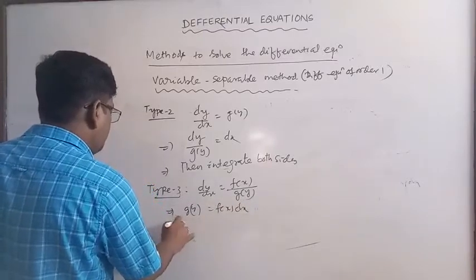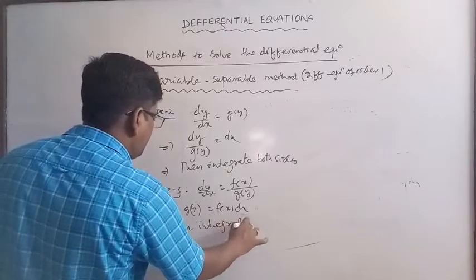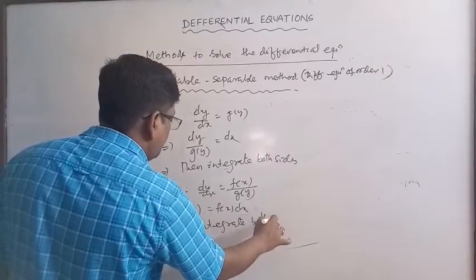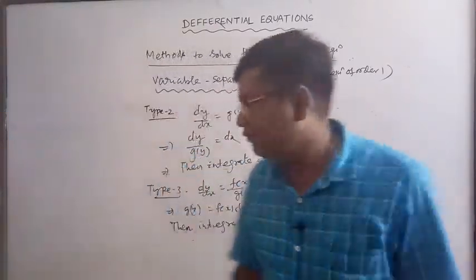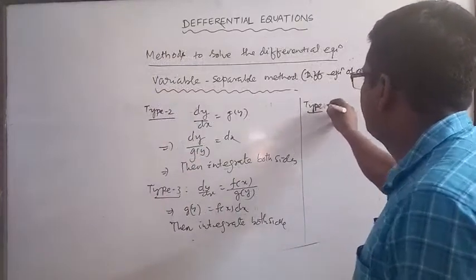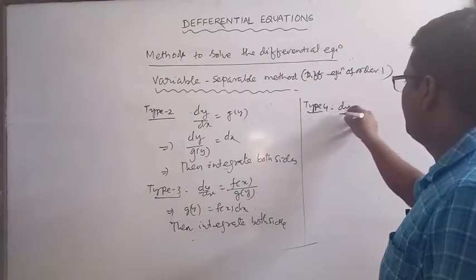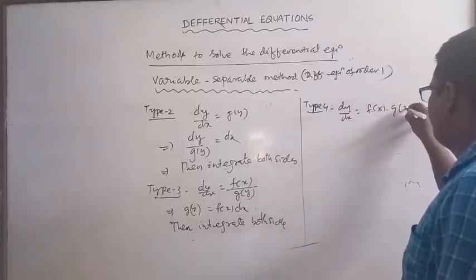Then integrate both sides. Type 4: dy by dx is equal to f of x into g of y.